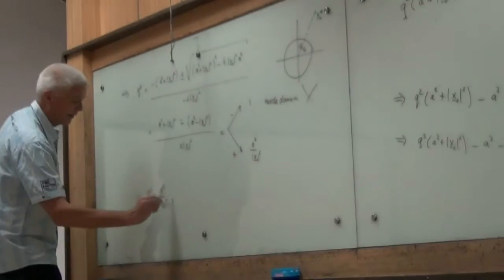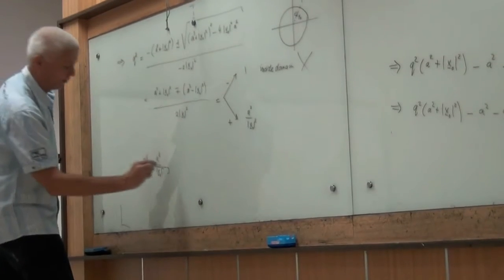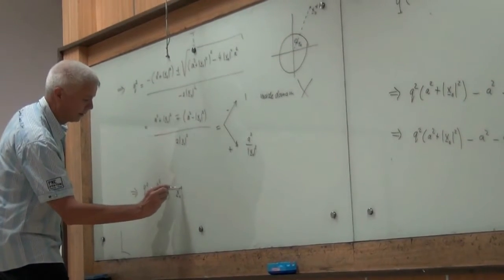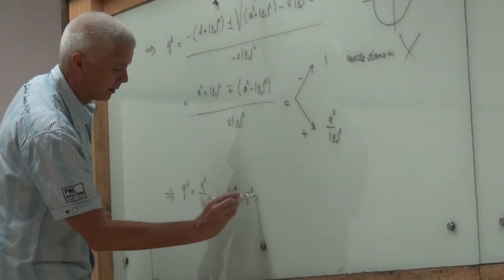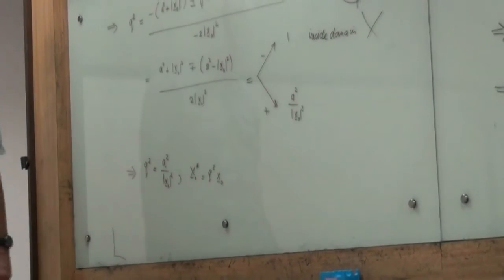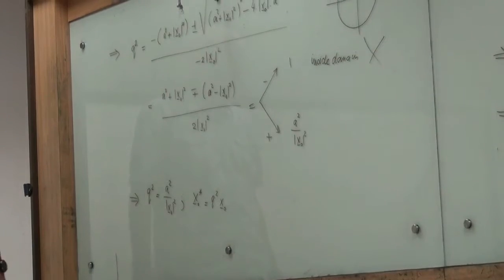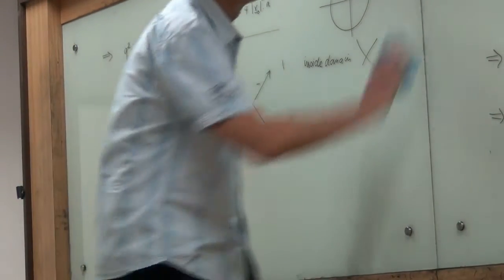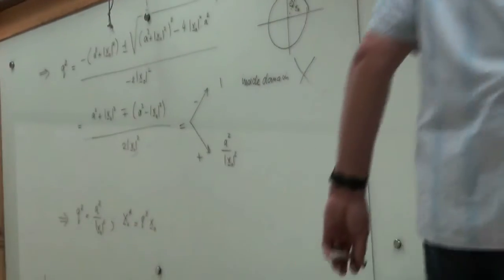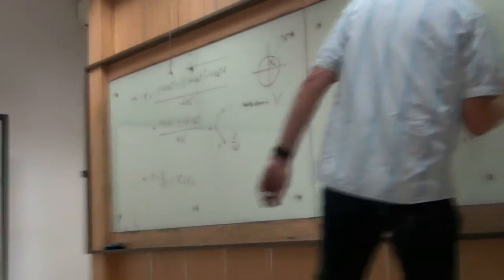So what I find is that I should take q squared equal to a squared over x0 squared, and then I find also my point, x0 star is equal to q squared x0. So then I constructed my Green's function.